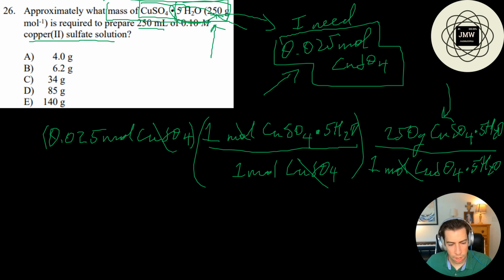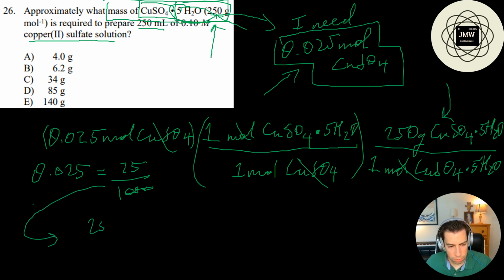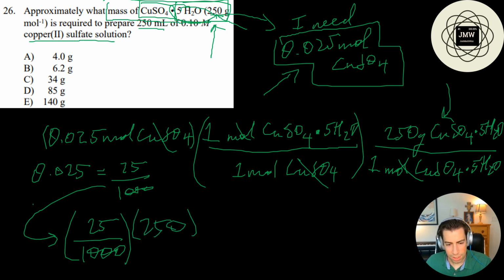So you can rewrite 0.025 as 25 divided by 1,000. So I'll say 25 divided by 1,000, and I'm going to multiply it by 250. And here's the fun part.